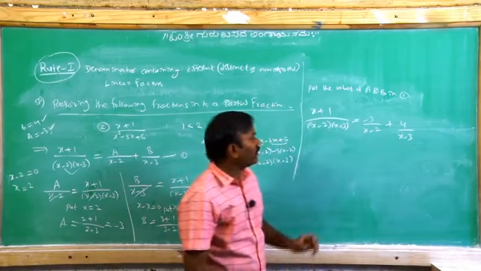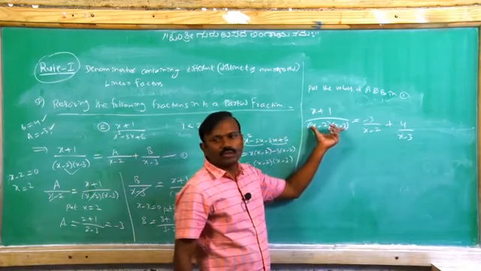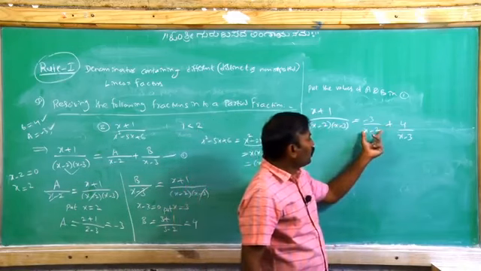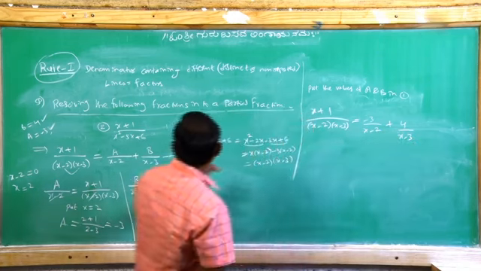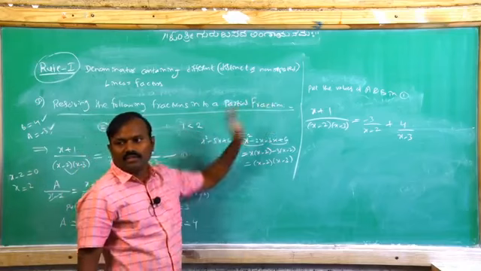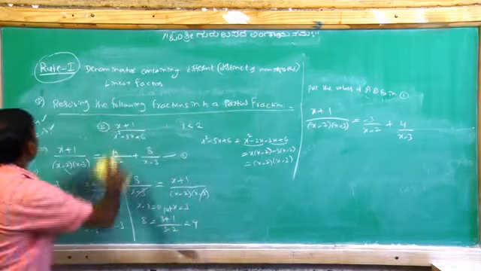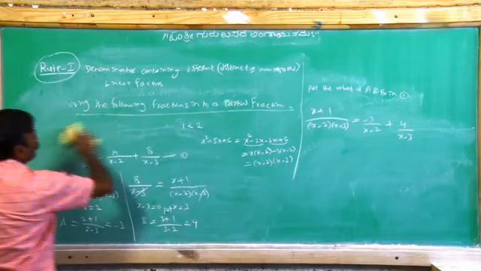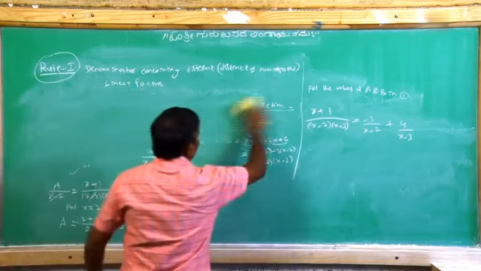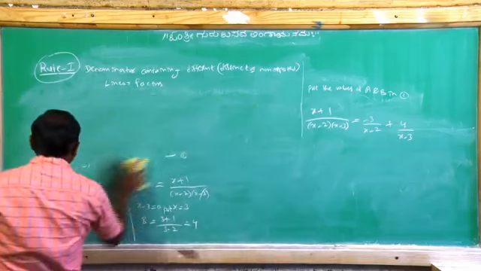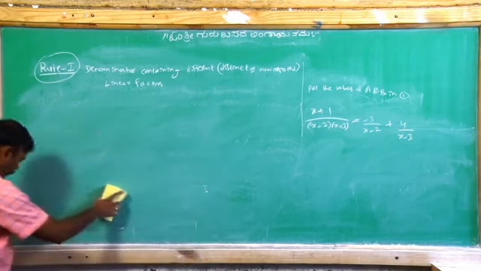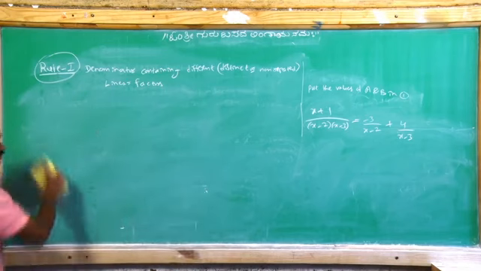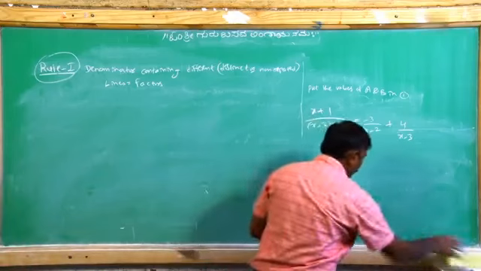Here we convert a single proper fraction into a sum of two proper fractions. This is called resolving into partial fractions. Another example of resolving into partial fractions.